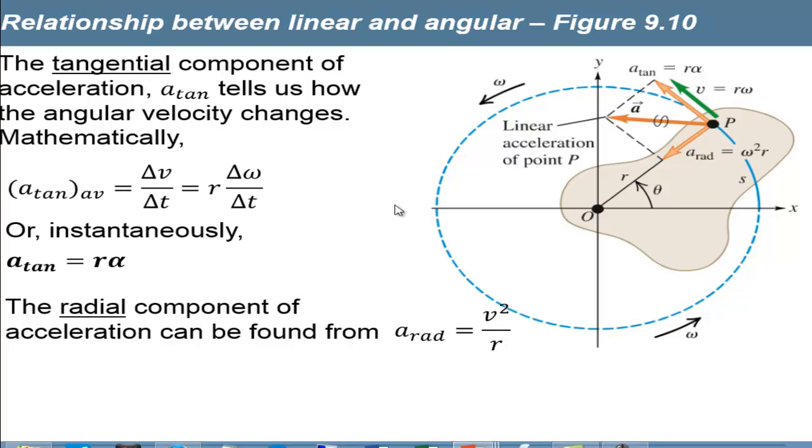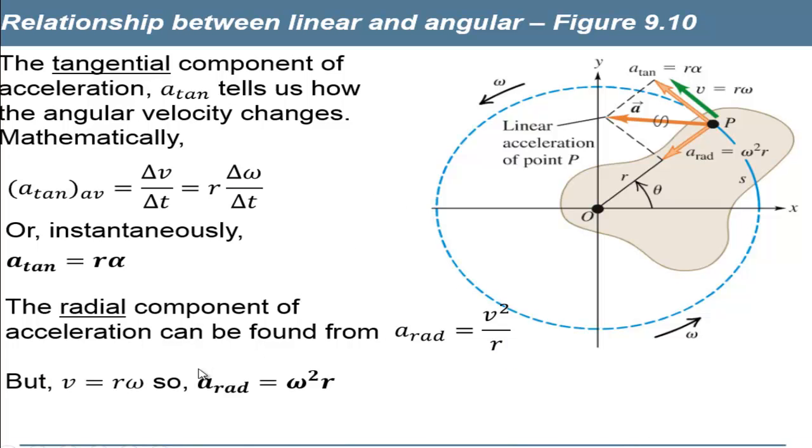Knowing what we know about the velocity, this was a linear velocity. If you remember back to chapter 6, it was a linear velocity, right? So linear velocity is equal to r omega, as we defined a few slides ago.